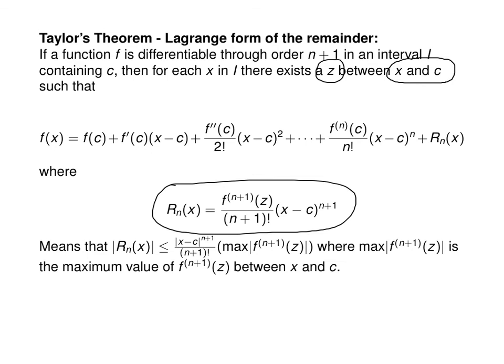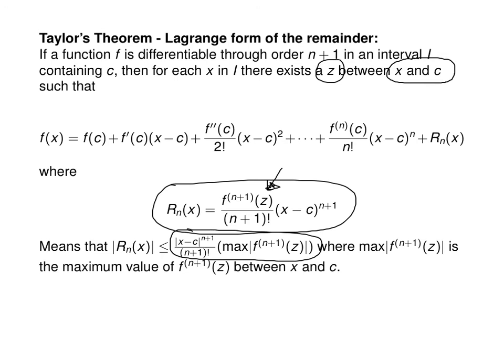So the remainder is equal to the n plus first derivative at some z divided by n plus 1 factorial multiplied by x minus c to the n plus first power. We're not going to ever find this z exactly, but what it does tell us is that the remainder is less than or equal to this expression.